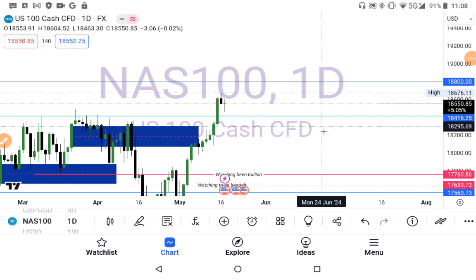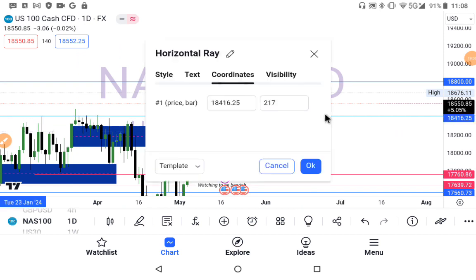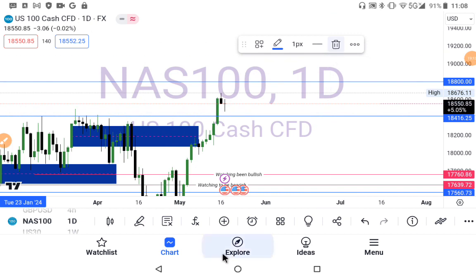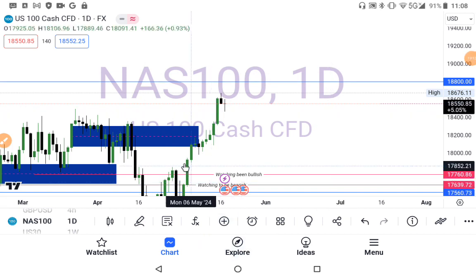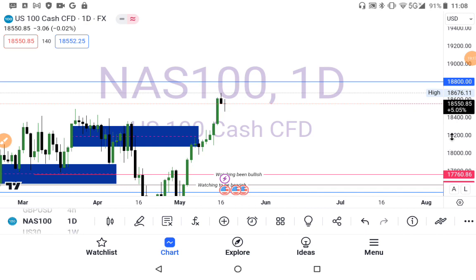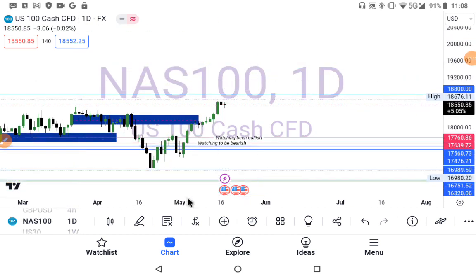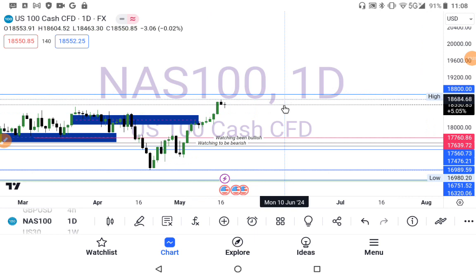So, and also on NASDAQ, I think I mentioned if the market continues trading above this, I'll be bullish. If I see a movement below this, I'll be bearish. I think everything has been met, and I adhered to every one of my plans.